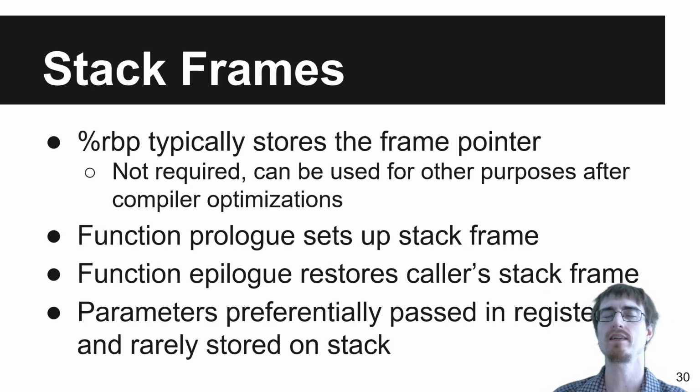Finally, in x86-64, parameters are preferentially passed in registers, so they are not stored on the stack. However, it can still happen if for whatever reason the parameters do not fit in the registers. Then the stack may also be used for parameter passing. In the 32-bit case, this was actually the default.